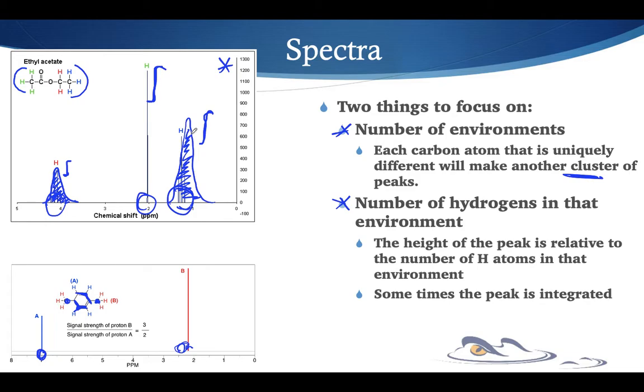So that's one way that a computer might express something like this. It may give you these little integral bars like this. And physically, you use your ruler and measure them. On an IB test, you get a ruler, and physically you have to measure these in order to figure out and say, well, this one was 2 centimeters and this one is 6 centimeters. So I know that this one has 3 times more hydrogens than that one. Follow me? Using a ruler to figure that out.